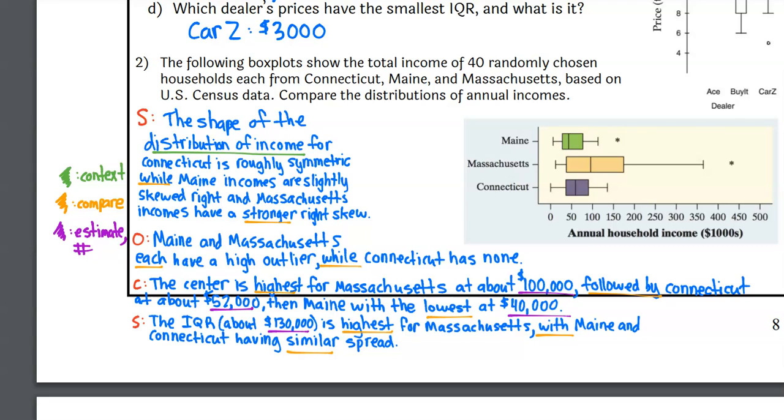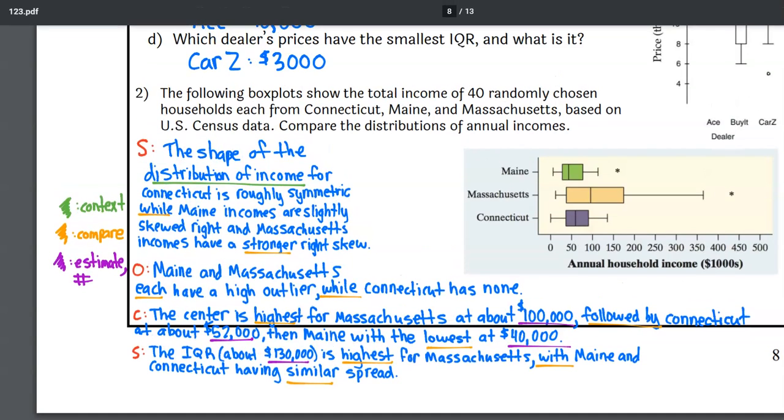So the IQR, about 130,000, is highest for Massachusetts. And the way we get that 130,000 approximation is maybe this would be 180, and this probably, I don't know, 50 approximation. So 180 minus 50 would give you that 130 here. And Maine and Connecticut have similar spread. So you're making some comparing.